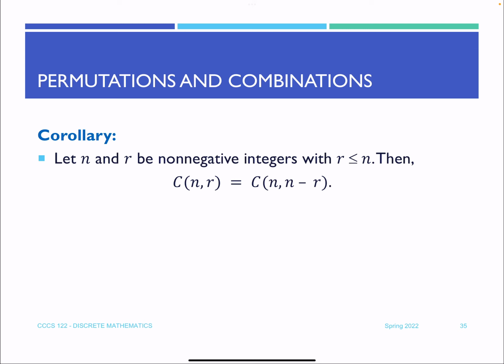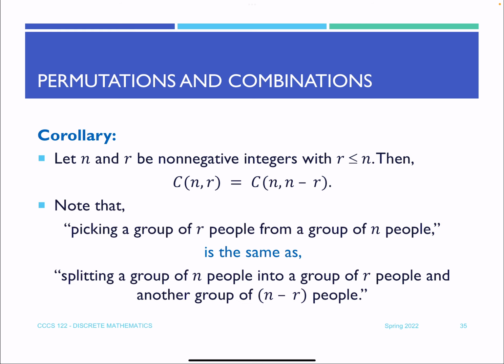And there is a corollary to this. Let n and r be non-negative integers, which of course they have to be. Then C(n, r) is equal to C(n, n minus r). And why is that? If you want to pick a group of r people from a group of n people, that is the same as splitting a group of n people into a group of r people and another group of n minus r people.